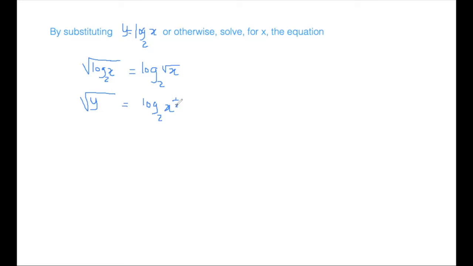We also have a rule that says when you have a power, you can carry the power in front of the log. So I have root y, which is the same thing as a half. So let me just go ahead and write the half.